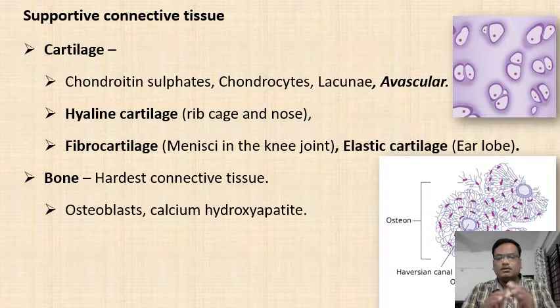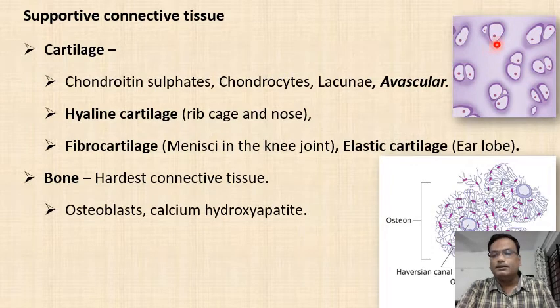If you take a section of this cartilage tissue, we find lacunae, and lacunae means the spaces, and in these spaces we find these chondrocytes situated. So here in this diagrammatic representation of cartilage, you can see this is the ground substance and these are the lacunae, and in these lacunae we find the cells called chondrocytes situated.